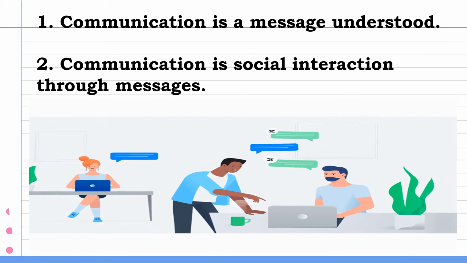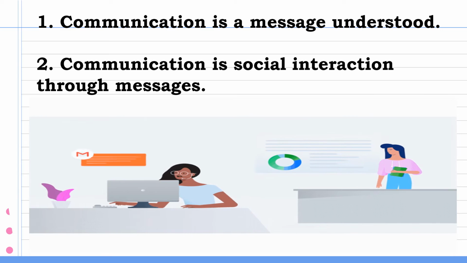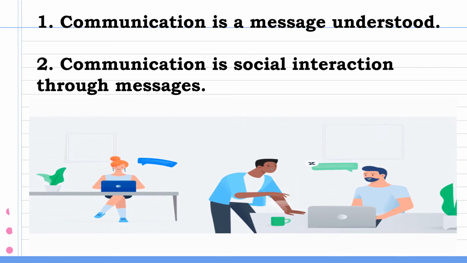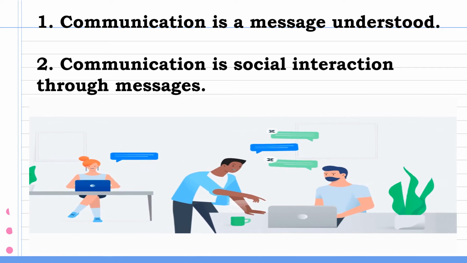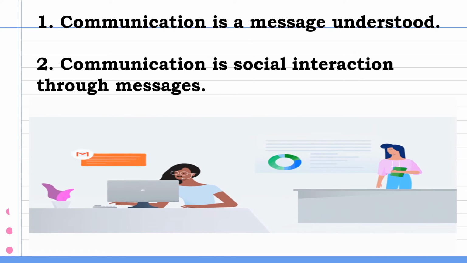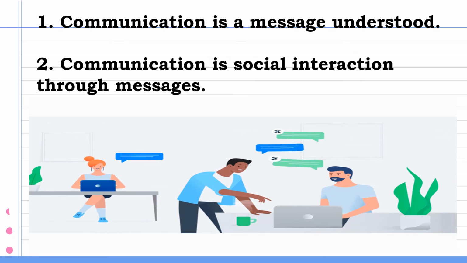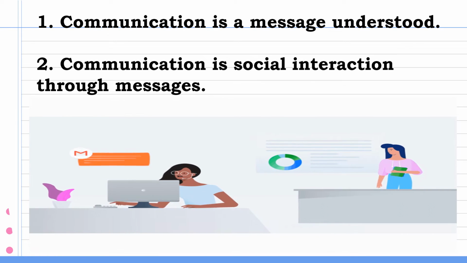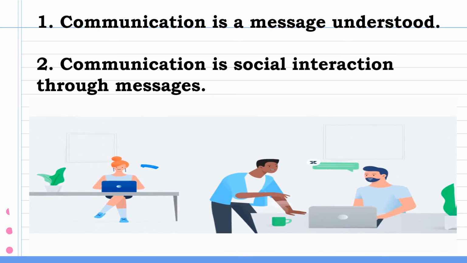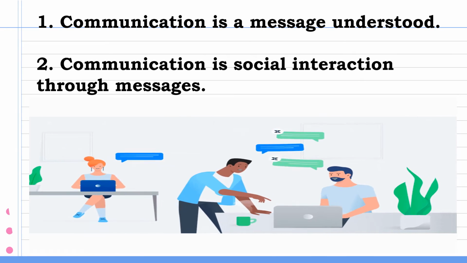Second, communication is a social interaction through messages. Think of someone telling, "It is very warm today." In this case, we are communicating what we experience. The weather being warm is what we feel or experience physically.